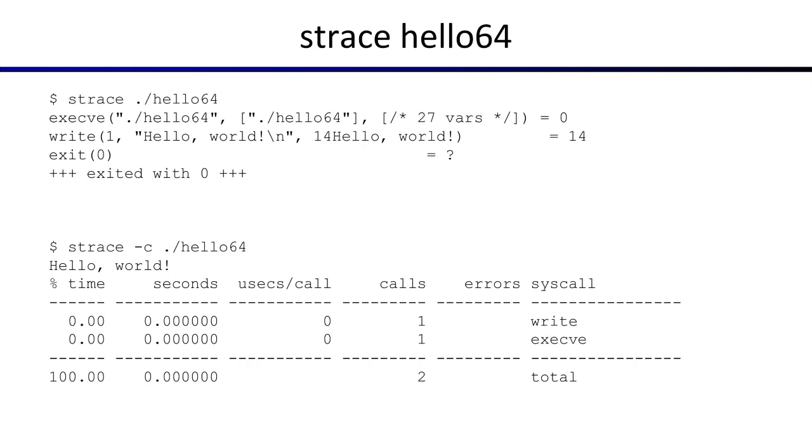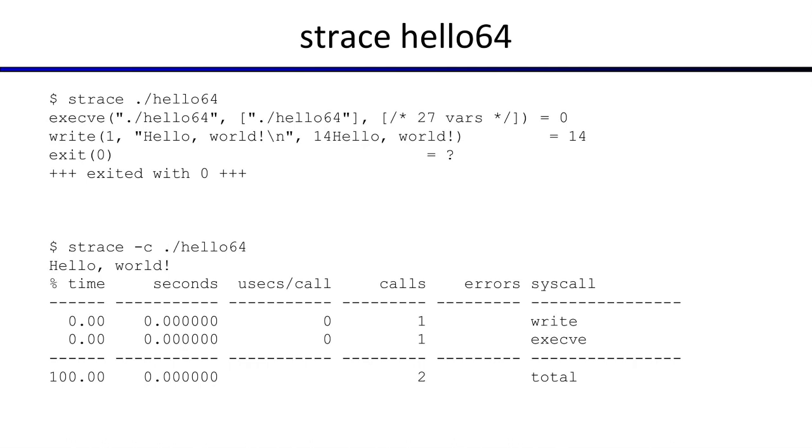And we can clearly see here the first system call is an execve. Now we didn't call it, but we will cover it in the next lesson. Execve is just the call to change the program to run the hello64 program.